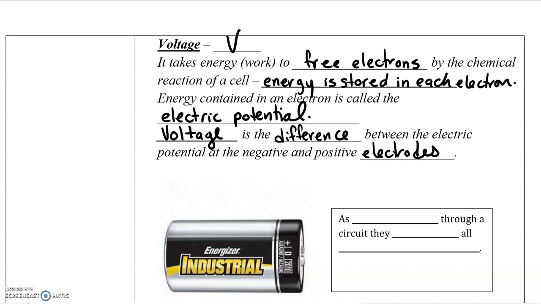So as electrons move through a circuit, they lose all of their potential energy.